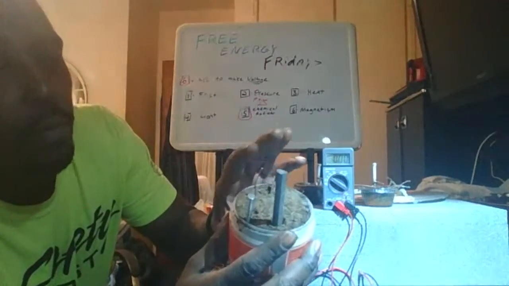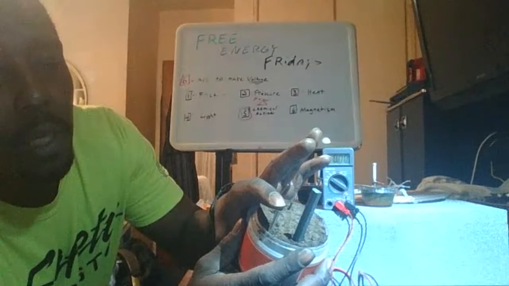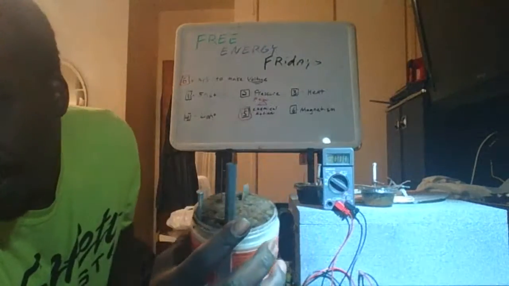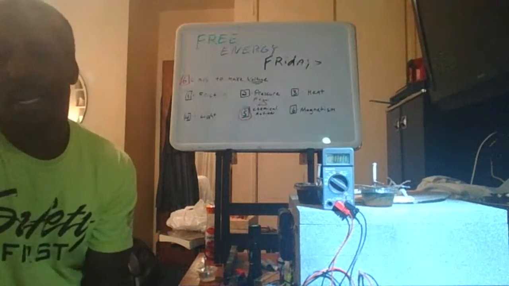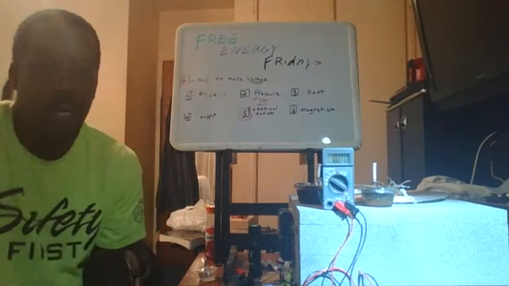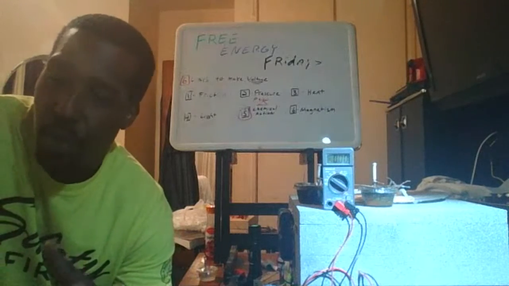That's when I had put this one. This is a cup of dirt, and I got a piece of aluminum, a piece of copper, a piece of iron, and a piece of ferrite, and we still got some other things I need to put in there, like zinc, magnesium. What I'm saying is we need to go through a lot of them. The only way you're gonna find out is testing them on your own.